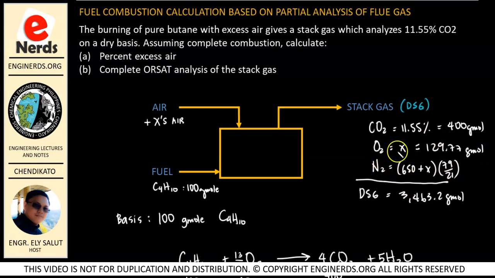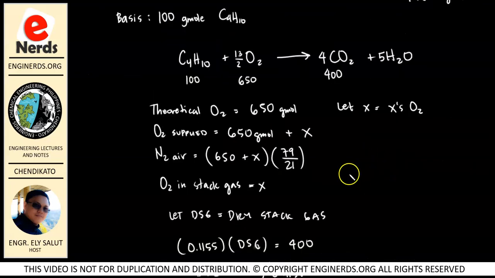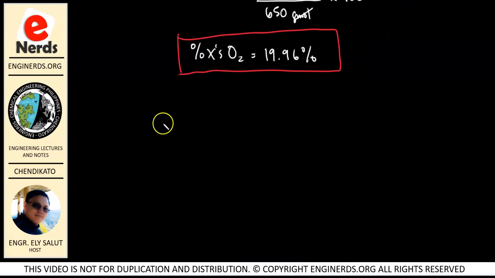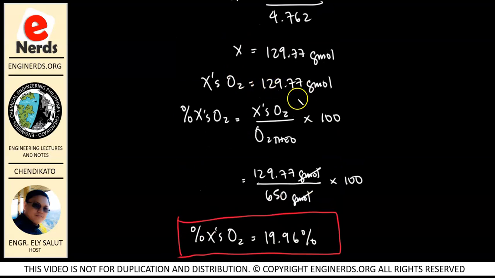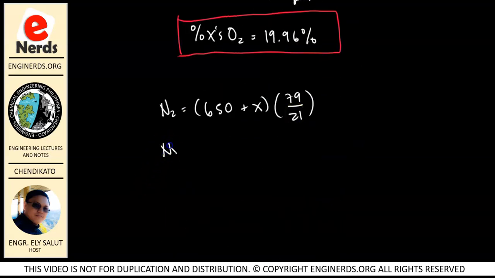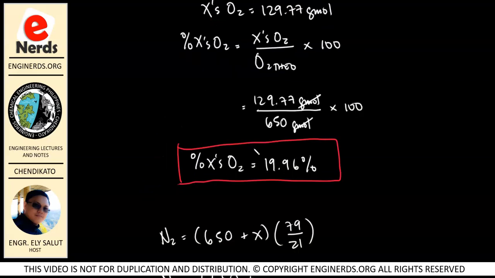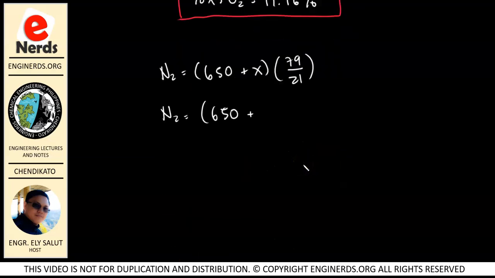But we can determine that by substituting X in this equation, right? So let us first identify the value of N2. The value of our N2 is equal to 650 plus X times 79 over 21. So we're just going to substitute the value of our excess O2, which is 129.77. So we have N2 is equal to 650 plus 129.77 times 79 over 21.